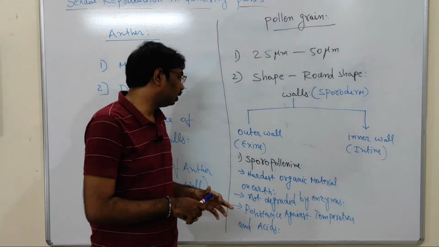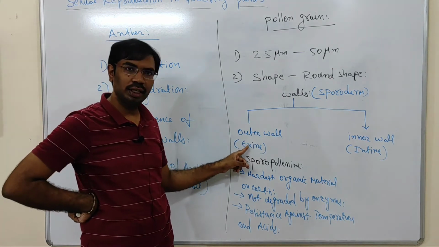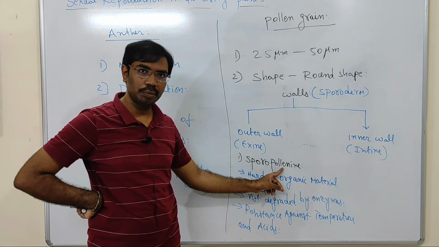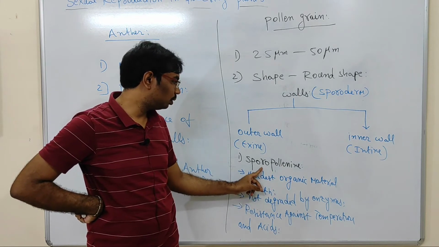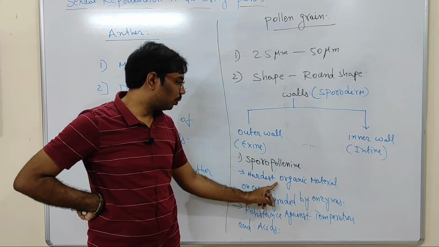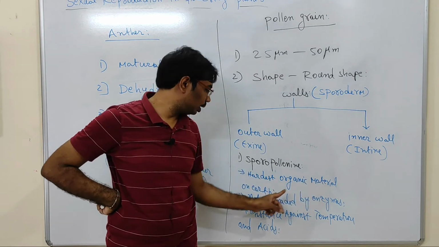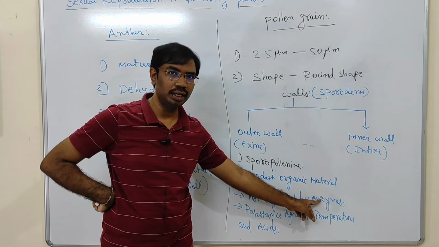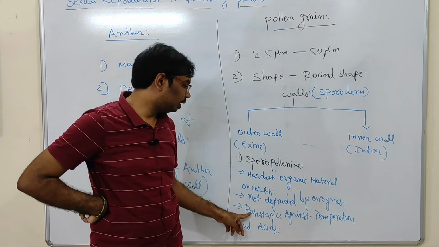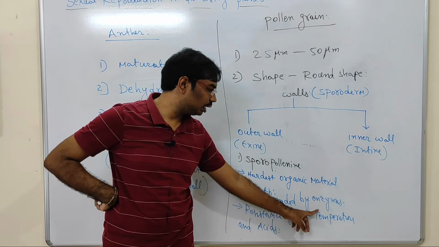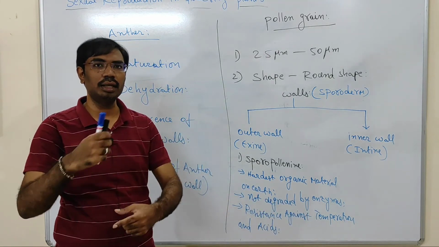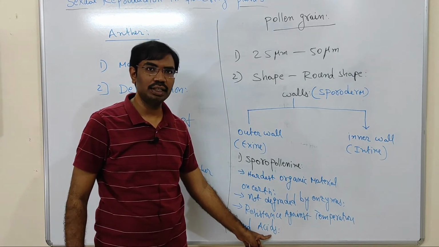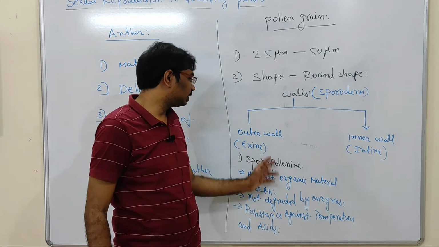So sporopollenin forms the outer wall of the pollen grain, the exine. It contains the hardest organic material on earth, sporopollenin, which is not degraded by enzymes. No enzyme can degrade sporopollenin. It has resistance against temperature, so it can tolerate high temperatures, and at the same time it can tolerate acids, low pH values. So these are the characteristics of sporopollenin.